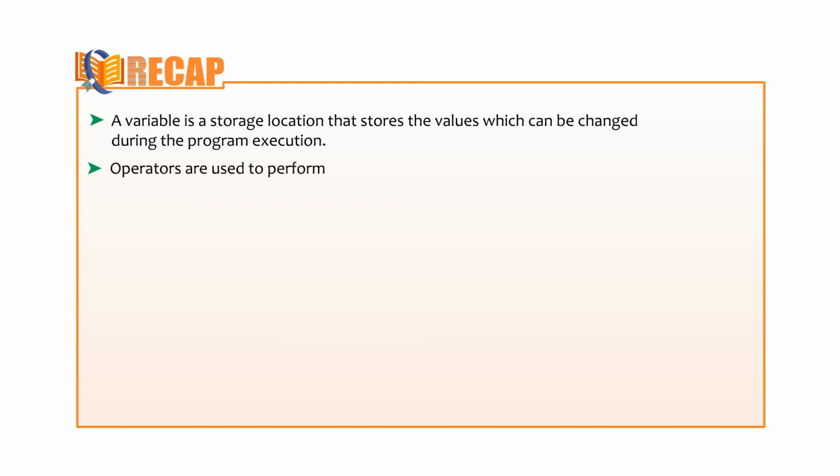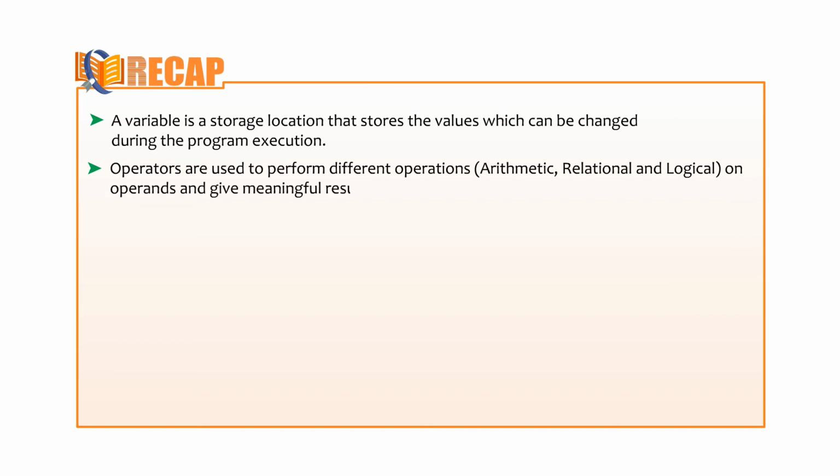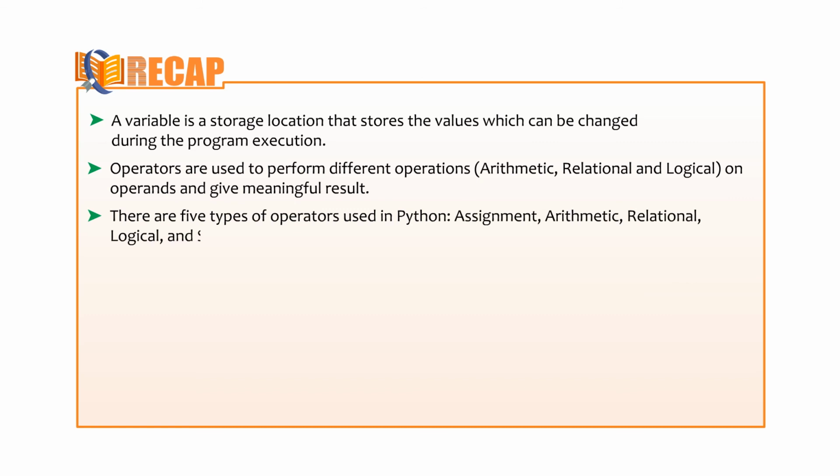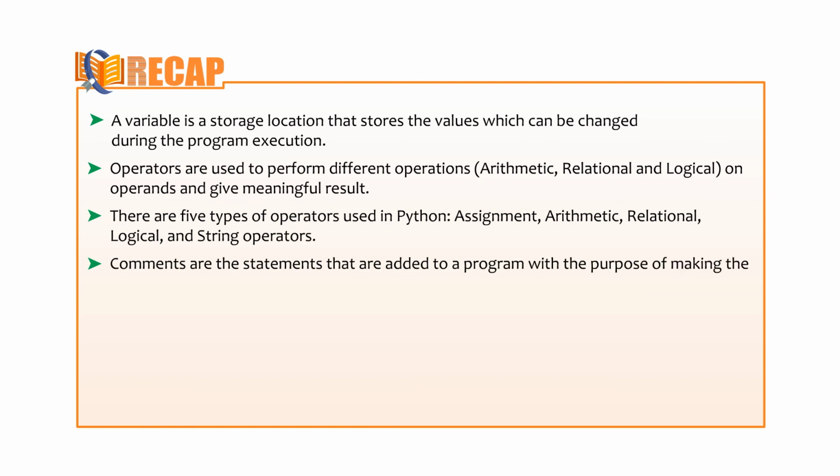Operators are used to perform different operations, arithmetic, relational, and logical, on operands and give meaningful results. There are 5 types of operators used in Python: assignment, arithmetic, relational, logical, and string operators. Comments are the statements that are added to a program with the purpose of making the code easier to understand.